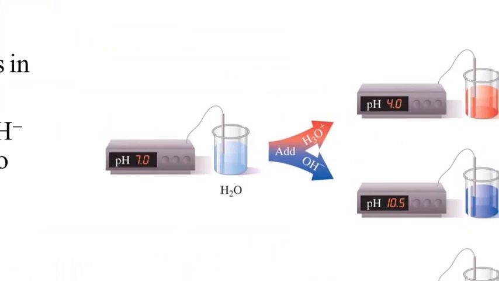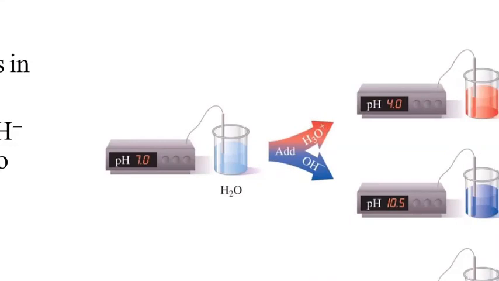And let's say that it drops to a pH of 4.0. Now, if you have a brand new beaker of water, okay, and the instrument here is just a pH meter, but you add base, then that base is going to increase the concentration of OH- in your solution, so the pH is going to increase, okay?